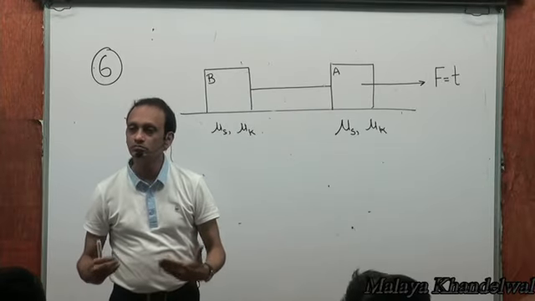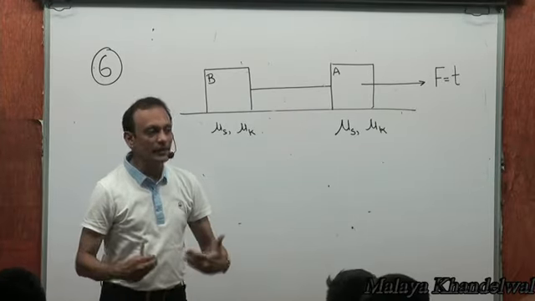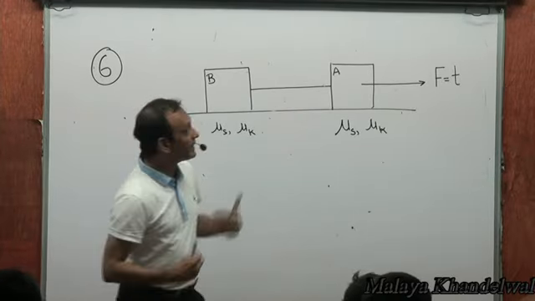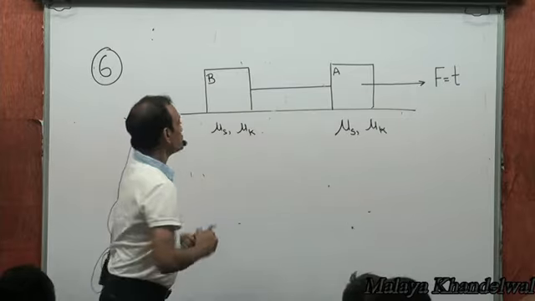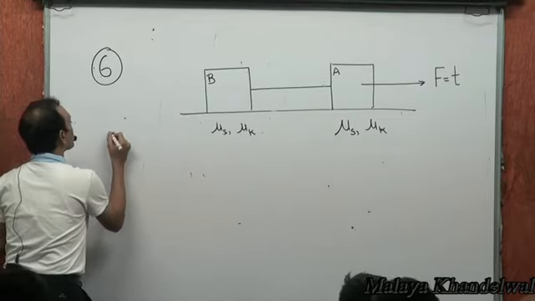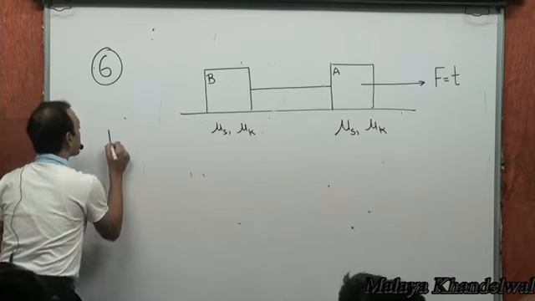Friction will grow commensurate with F. It will try and match the value of F to the extent possible, right? So initially, this is friction f between A and the ground. Will grow with time. Yes or no?